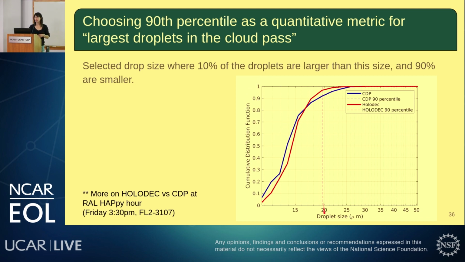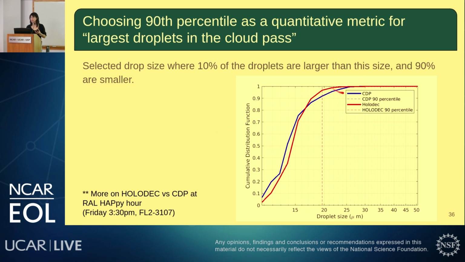This line here shows the point at which 10% of the droplets in this cloud pass were larger than this droplet size, and 90% of them were smaller than this droplet size. So we're at the 90% mark. So I selected the 90th percentile as the large droplet size.